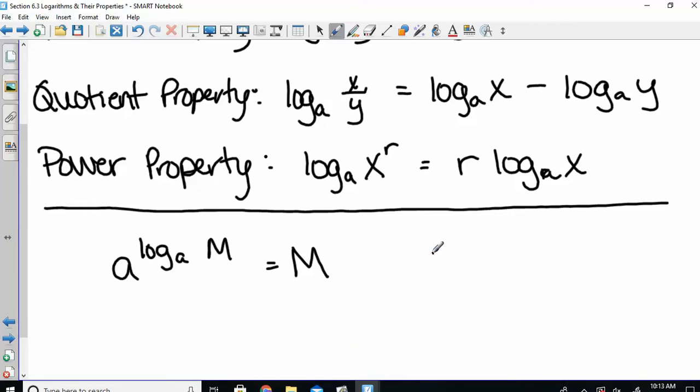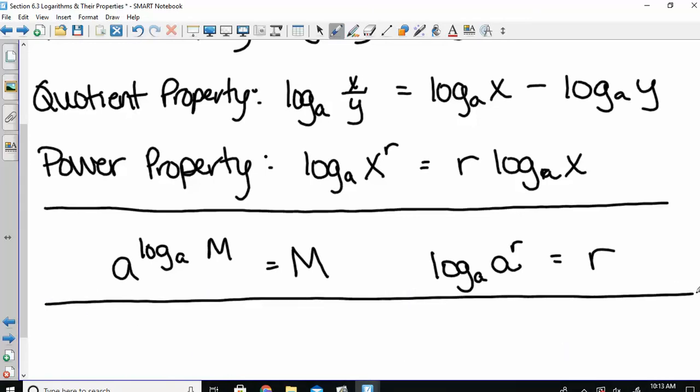So I would just have n for my answer. Or if the log comes first, the log base a of a to some power, the log base a and the exponential with the base a cancel, so we just get that power. Again, tomorrow I'm going to talk a lot more about the why. I just want to get that part down in our notes today.